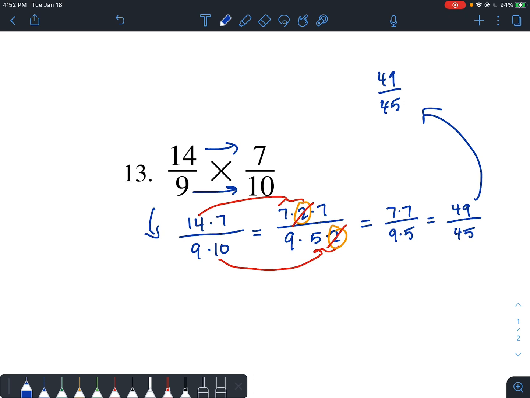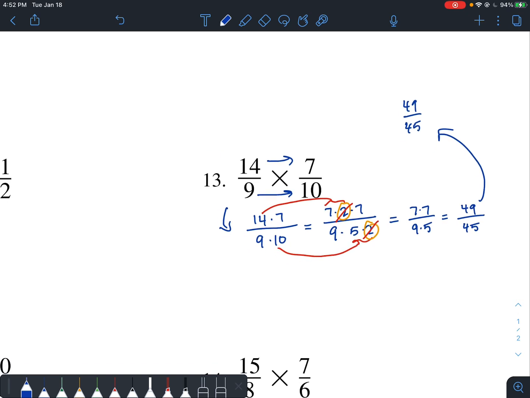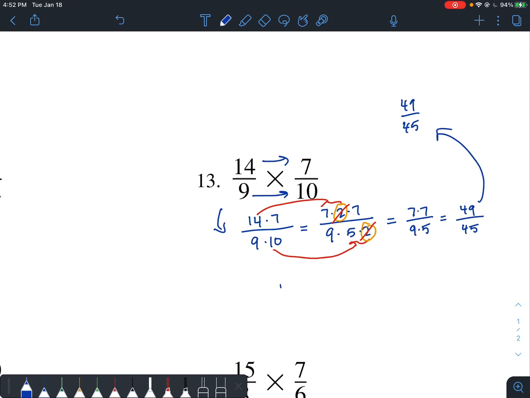Now, the reason why I personally prefer doing this is because whenever I do 14 times by 7, I had 98 over 90. I don't really like reducing fractions. I don't find that quite as easy as it is here, mainly because these are larger numbers, so it's harder to maybe see what common factors they might have.